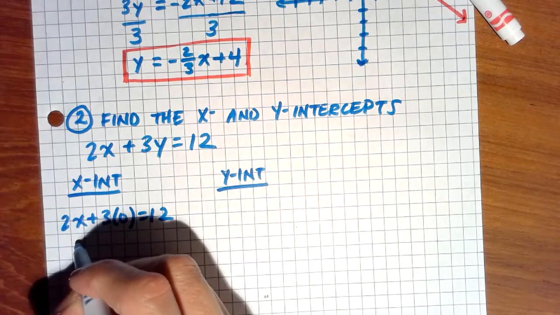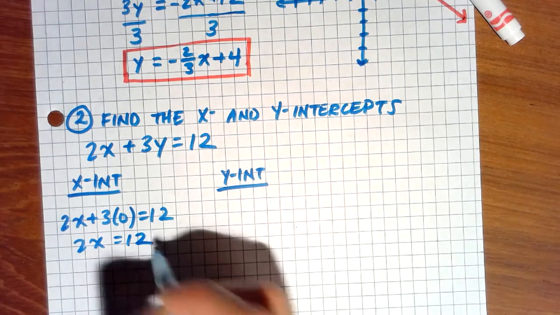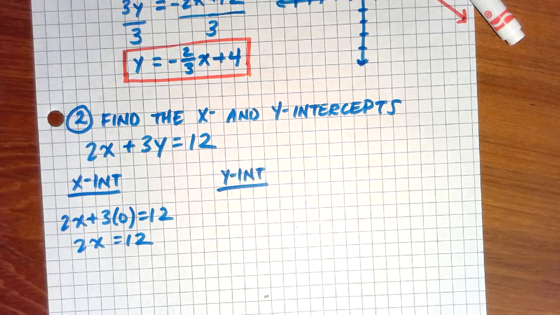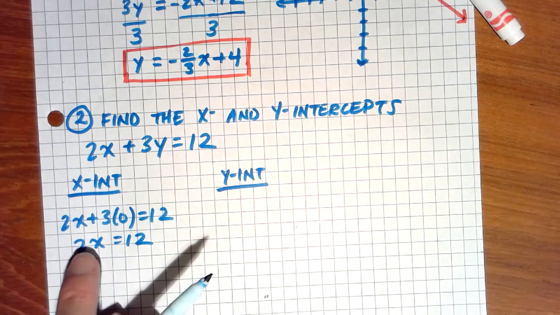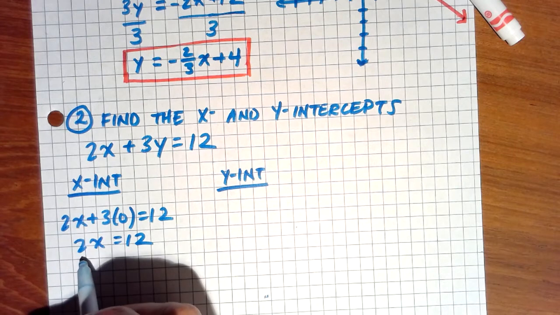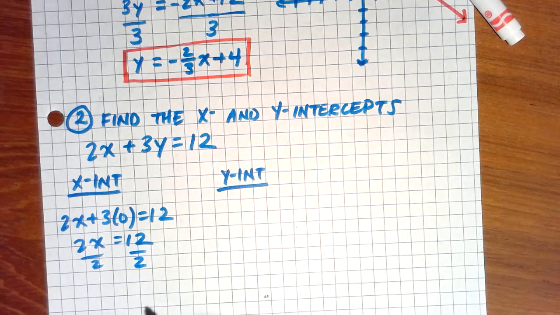So I'm just left with 2x is equal to 12. I want to get x all by itself, so I'm going to divide both sides by 2. So x is equal to 6. My x-intercept is 6, 0.